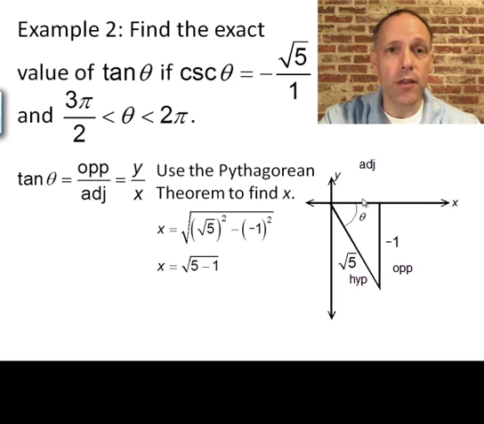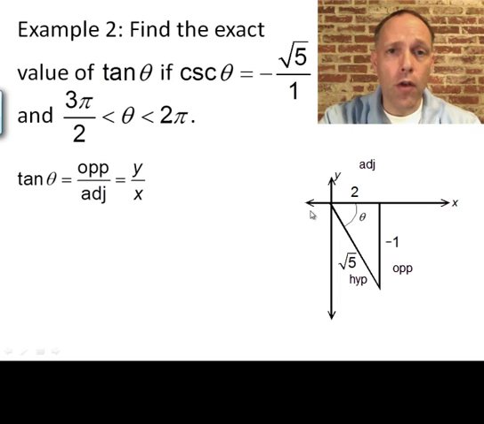Doing the arithmetic, this is the square root of 5 minus 1, which is the square root of 4, and the square root of 4 is 2. So this adjacent side, this x value, is positive 2. I know it's positive because it's on the right side of the y-axis, and x values on the right side of the y-axis are always positive.